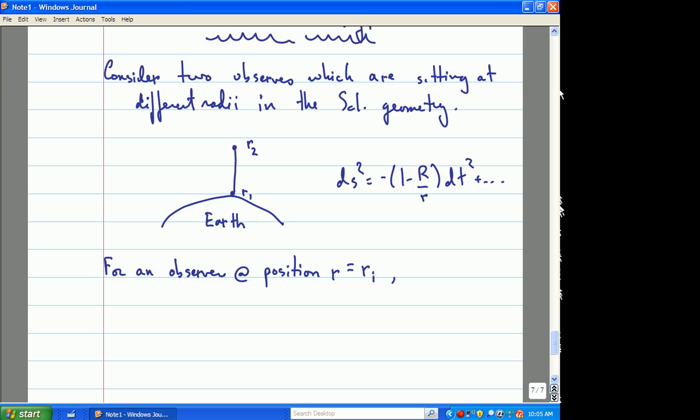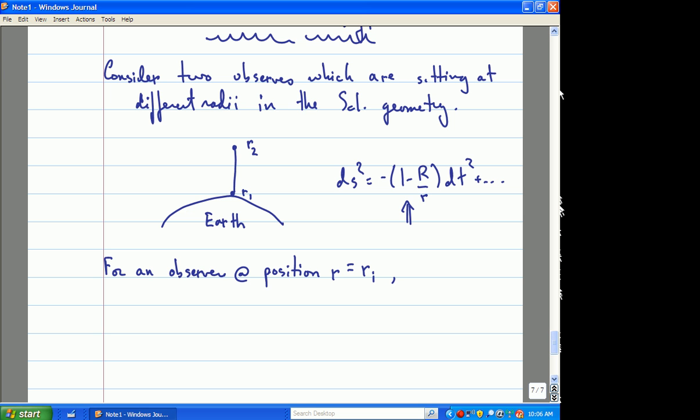So we label events in the Schwarzschild geometry using the coordinate time t, which, because of this term in the metric, is not identical to the proper time that has elapsed according to an observer who is sitting at fixed radius.